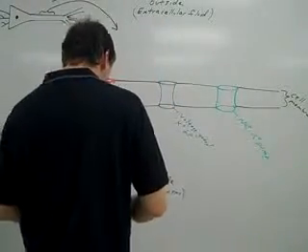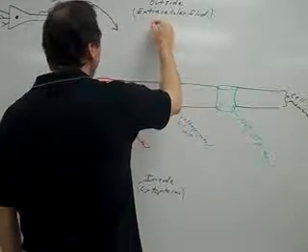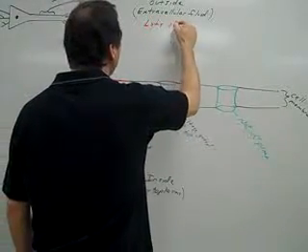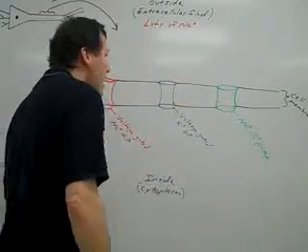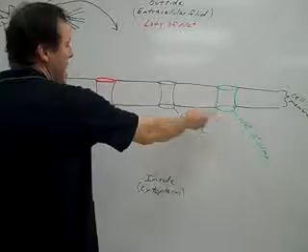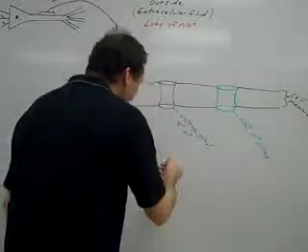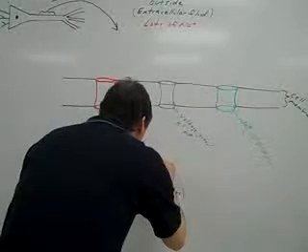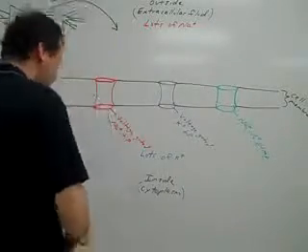So let's say that we have lots of sodium ions outside. And at the same time, the sodium-potassium pump is going to pump all the potassium ions inside. So the inside is going to have lots of potassium ions.